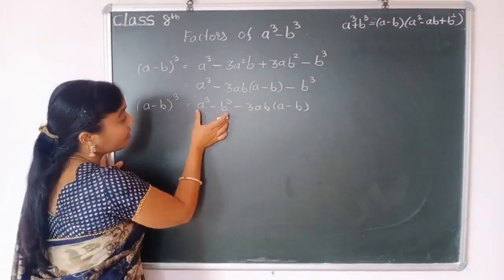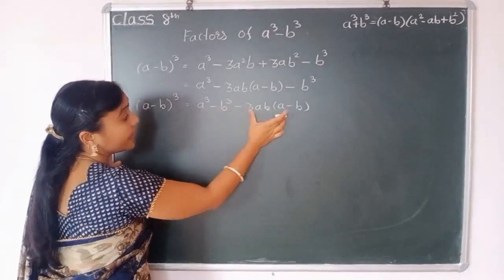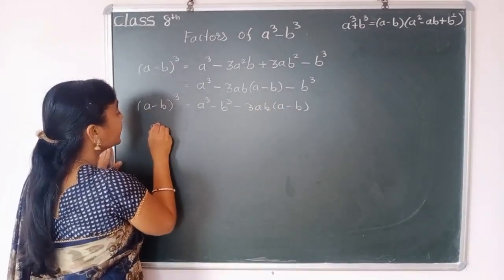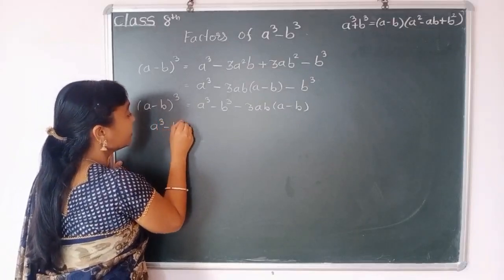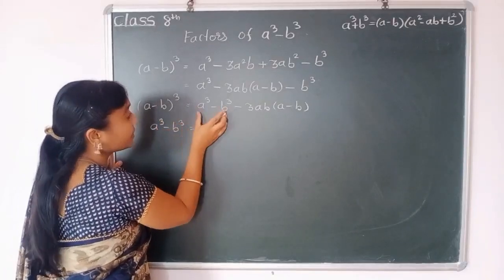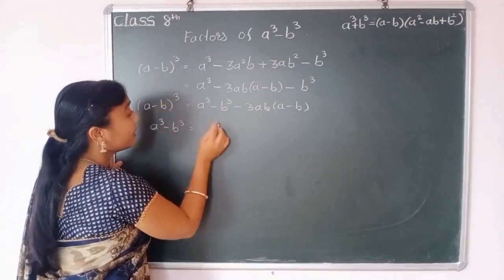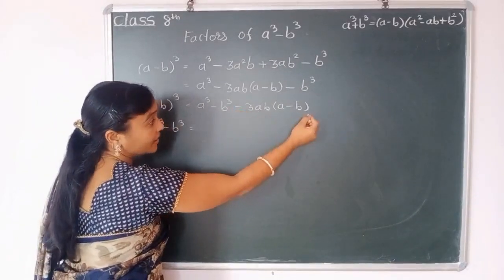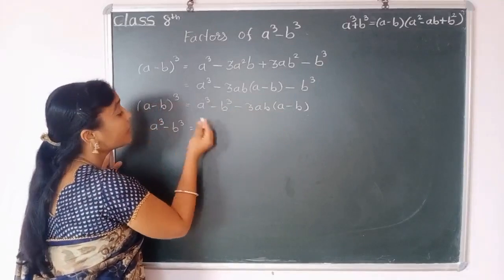Now we take these two cubes here and transfer this term to the left side. Then we get a cube minus b cube, this as it is. This term is negative, so when we transfer it, it becomes positive.